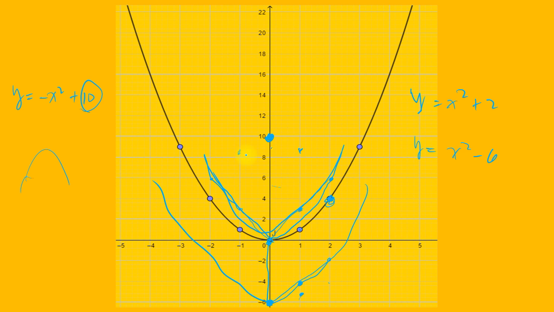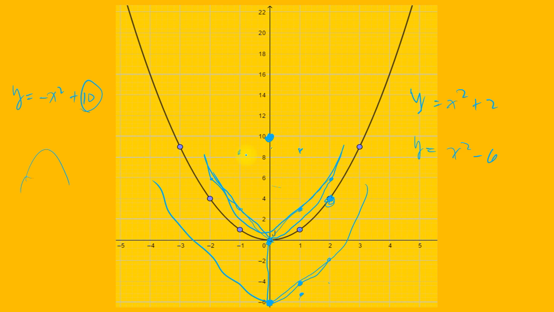Then, the parentheses first, you should come first with this one. There is a horizontal shift of 1 unit to the left, because here h is negative 1.